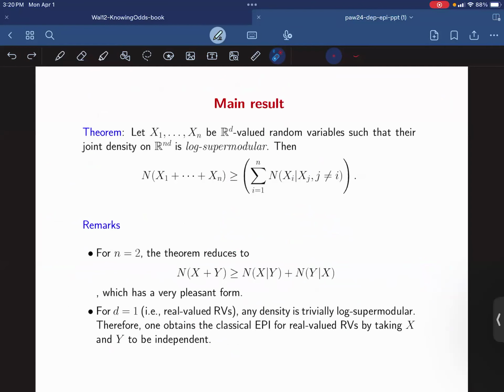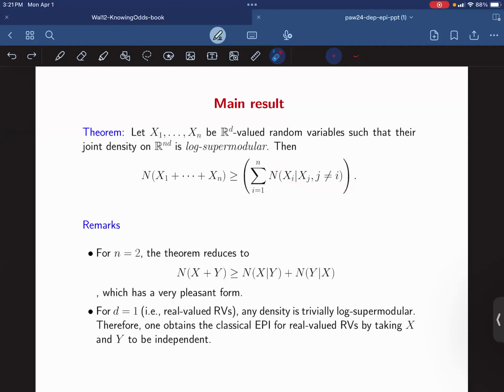Okay, so that brings us to our main result, which is that if X1 through Xn are R^d-valued random variables such that their joint density, which is now on R^nd, is log supermodular, I'll explain that assumption in a minute, then the entropy power of the sum of all the Xi's is greater than or equal to the sum of the conditional entropy powers of each Xi, where you condition on everything else.